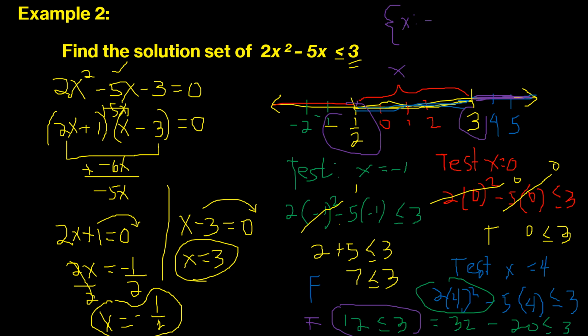So x such that negative 1 half is less than, and negative 1 half is part of the solution set. So we have to put an equal sign below the symbol less than. Negative 1 half is less than or equal to x, but x is also described as less than 3. So x is less than or equal to 3. So this is our answer.